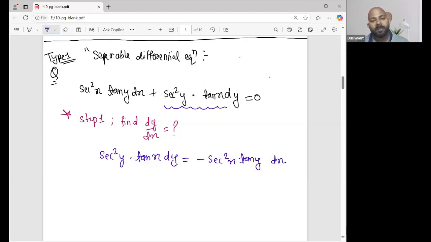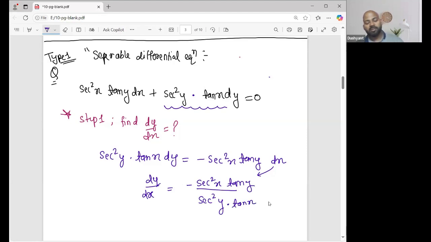Now dy stays as it is and dx moves to the left hand side, so dy over dx equals negative of sec square x tan y, divided by sec square y tan x.